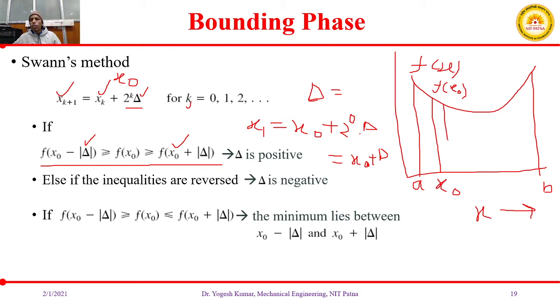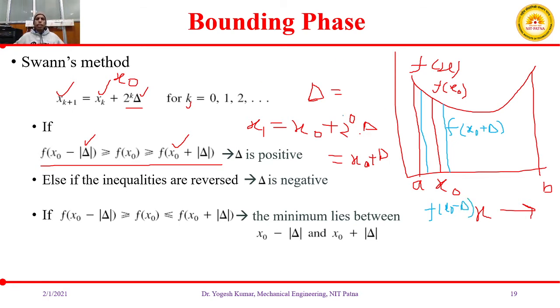Okay, suppose this value corresponds to fx0 plus delta, and this value corresponds to fx0 minus delta.